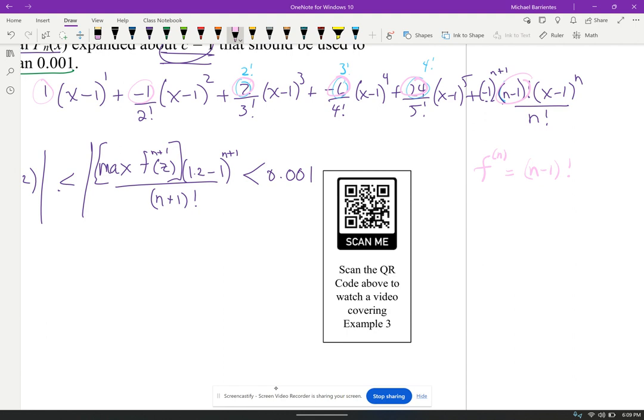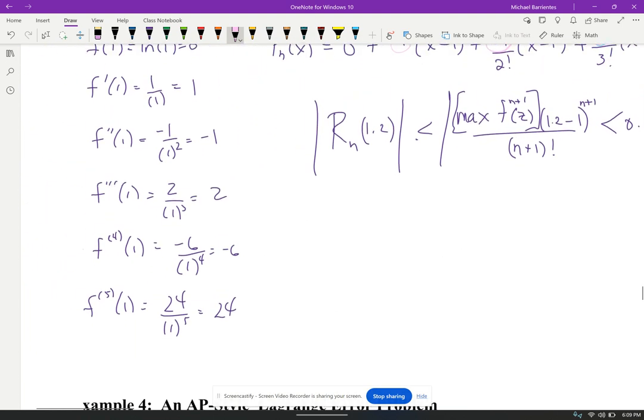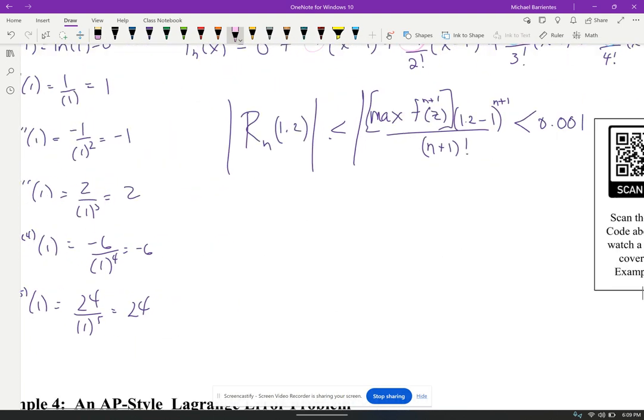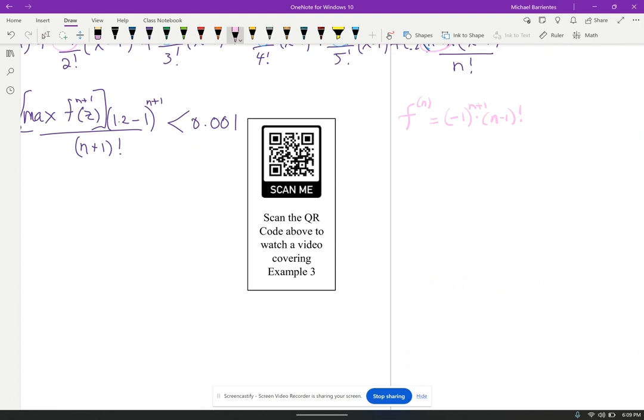Because n factorial on the bottom is part of the Taylor polynomial equation, and then x minus c to the n, that's part of the polynomial equation. Oh, well, I guess I need to include that, don't I? Negative 1 to the n plus 1 times n minus 1. That's where the derivative comes into play, because the derivative values came from these numbers, and this formula is what created those numbers. Oh, but I want the n plus 1th term.